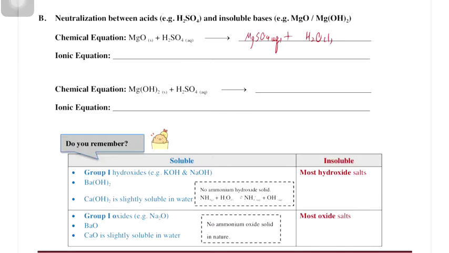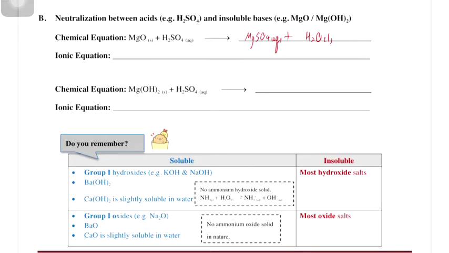For the ionic equation, remember we can only separate the ionic compounds in aqueous state. Magnesium oxide is a solid, so we should not separate it. Hence, we should only separate sulfuric acid.